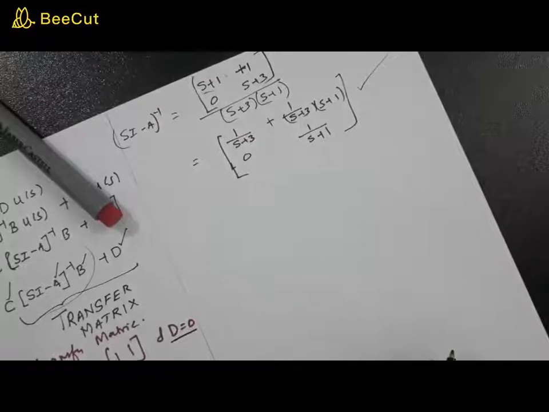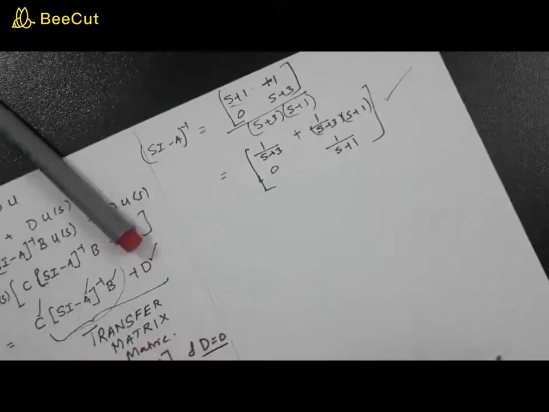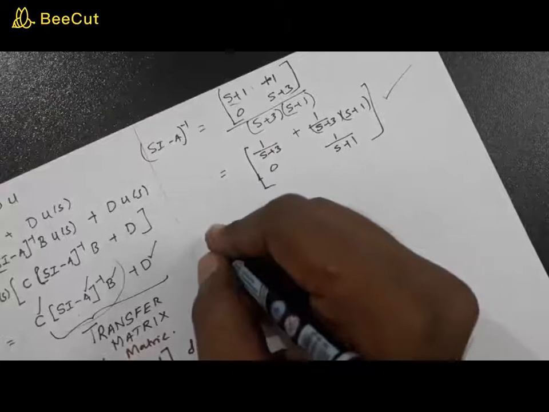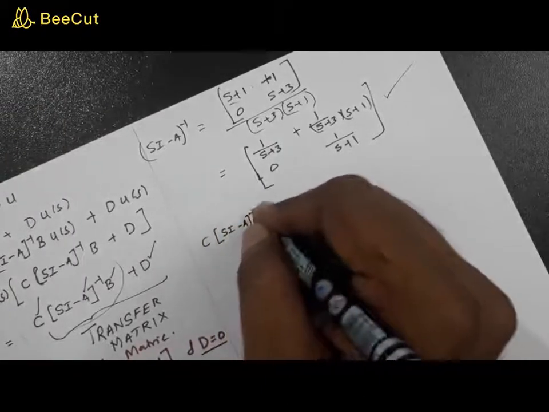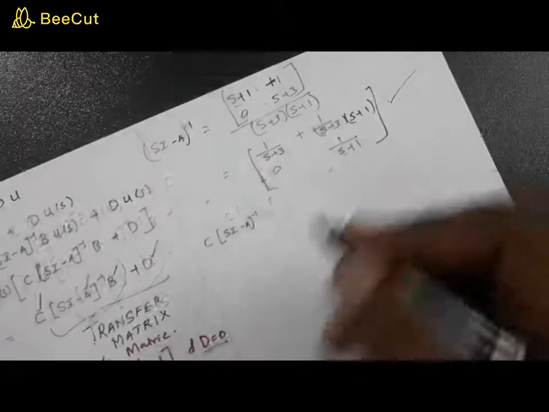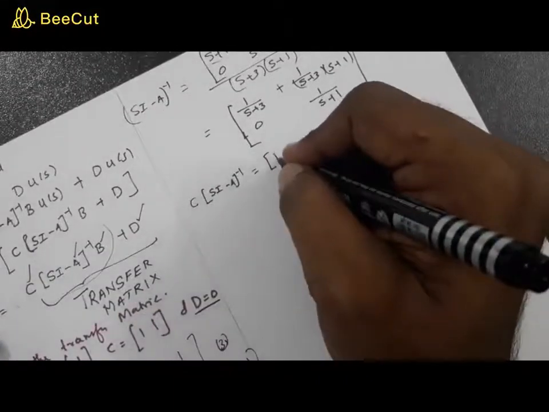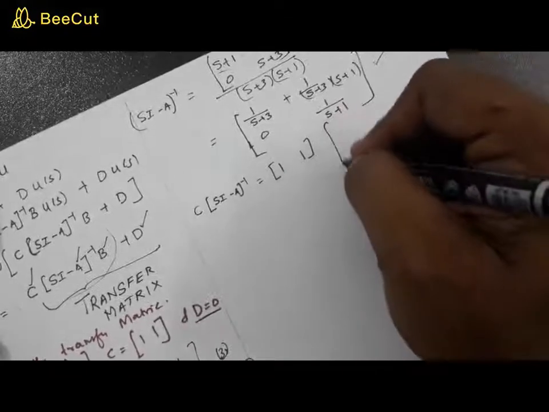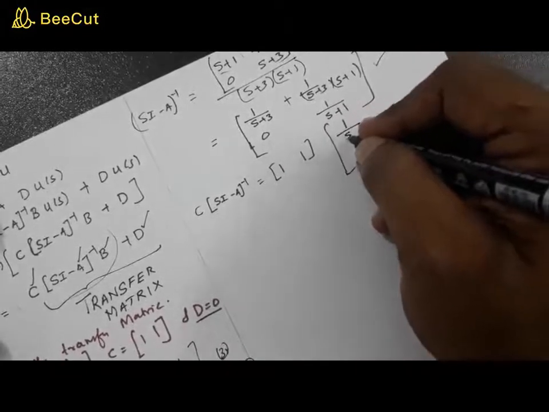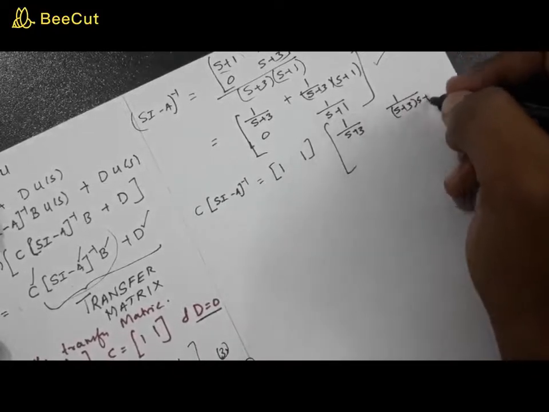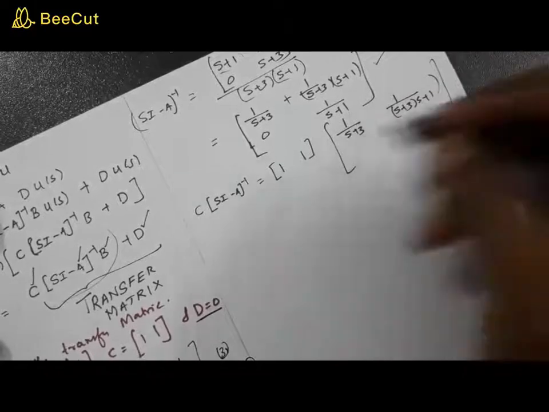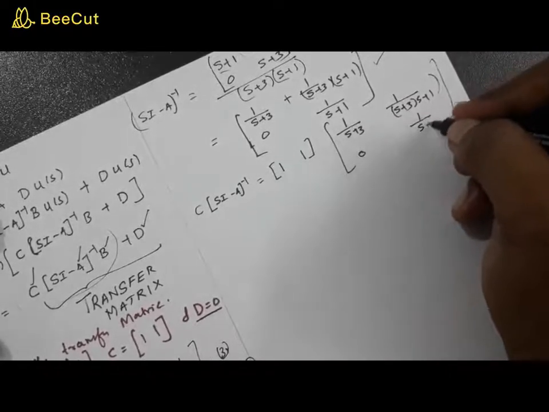Now this is it. Now what you want is to multiply that by... what you need to get is C into SI minus A inverse, right? So, C is given as a row matrix 1, 1. Then this is 1 by S plus 3, 1 by S plus 3 into S plus 1, then 0, 1 by S plus 1.